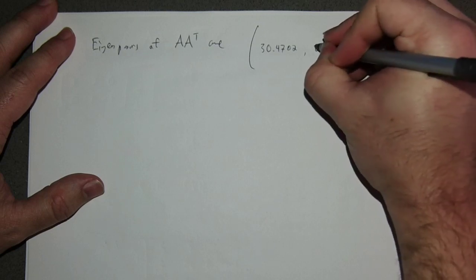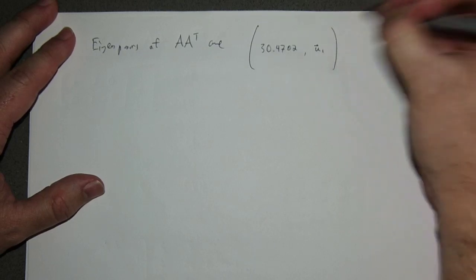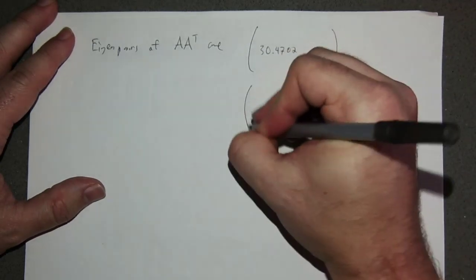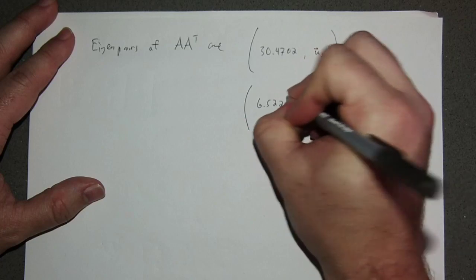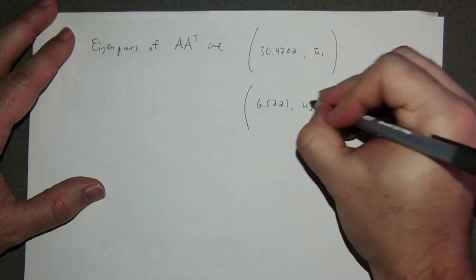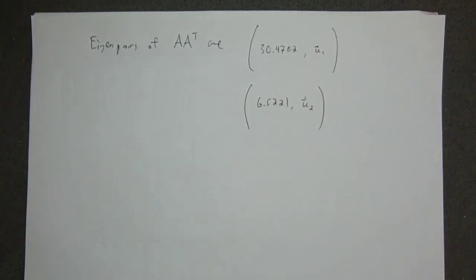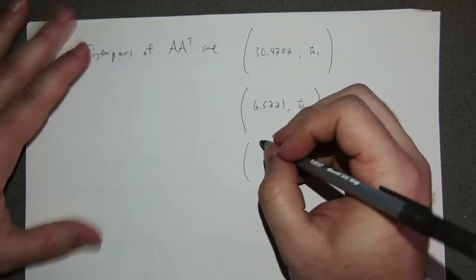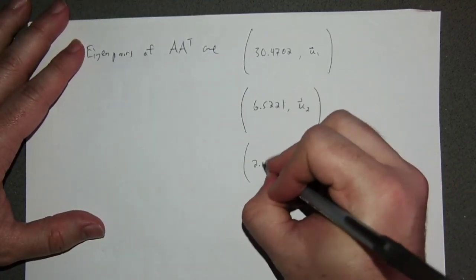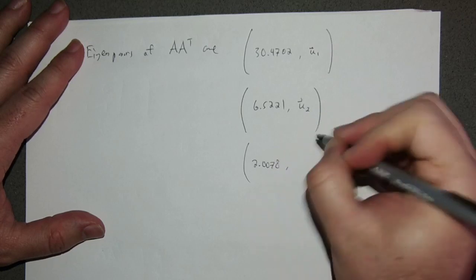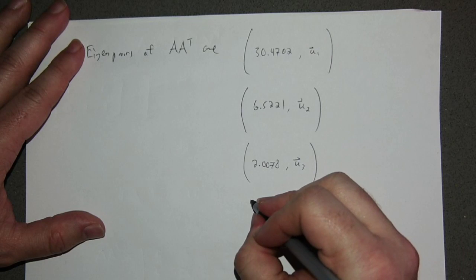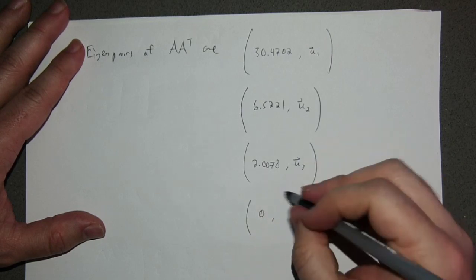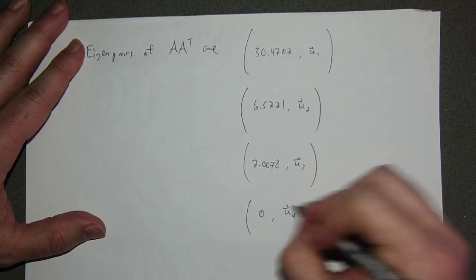The next is 6.5221 and U2. Next I get 2.0078 and U3. And lastly, 0 and U4.